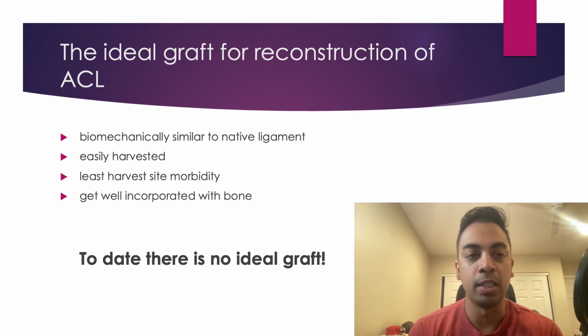We want something that's easily harvestable and reproducible for every patient and every case. We want a graft that has the least harvest site morbidity, meaning that the graft or ligament that you take is not going to result in other problems from the loss of that tissue. And you want something that's long lasting and gets incorporated into the bone and becomes a new ACL for you.